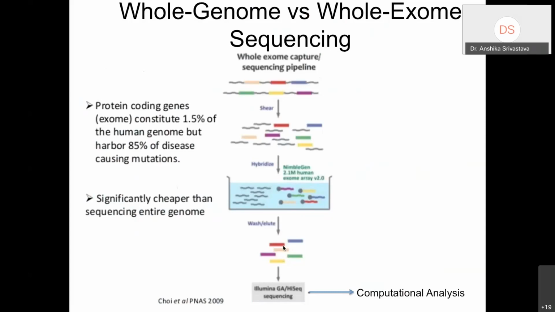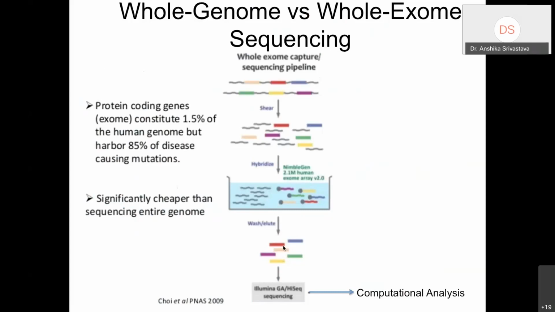Whereas in whole exome sequencing, the pipeline is established, and mostly human variations or diseases are caused by mutations in the exome, and it is significantly cheaper than sequencing the entire genome. So that's why it is more preferred in the clinic as opposed to whole genome.